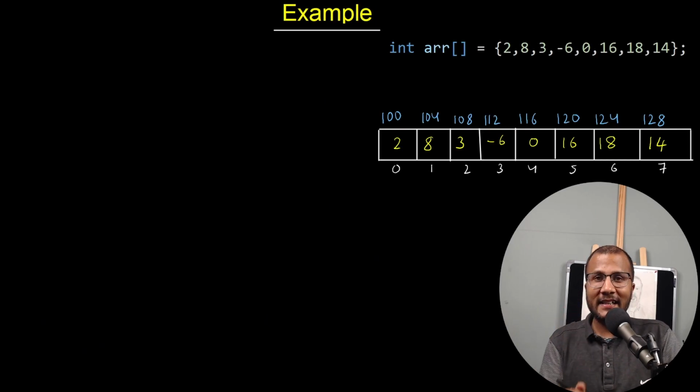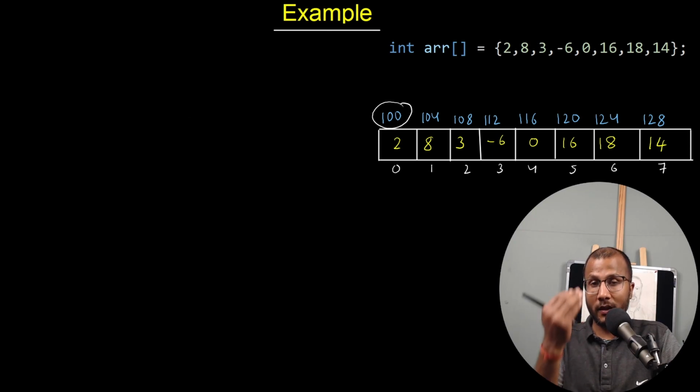Now to understand this in more detail, let's take this example wherein we have declared this array, arr, an integer array having the following 8 elements. In memory, it is going to occupy this space. Let's say the starting address here is 100, so the first element has the address 100 and each integer is 4 bytes long. So 100, 101, 102, 103: 4 bytes are reserved for the first element, at index 0.